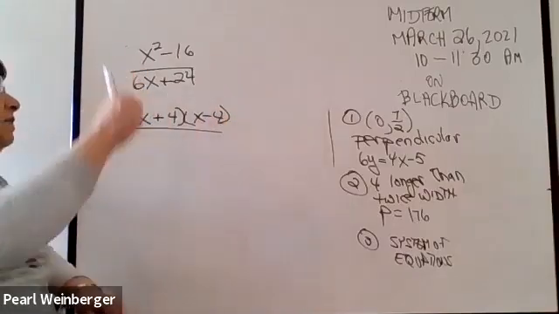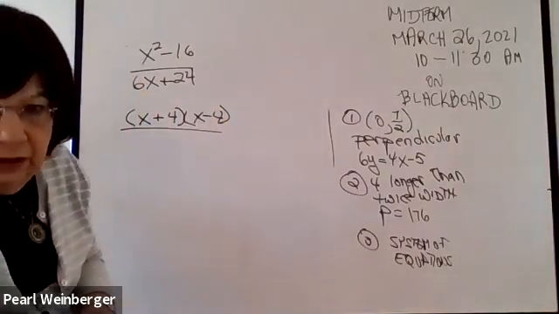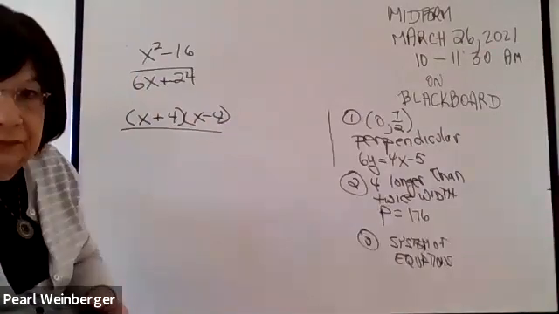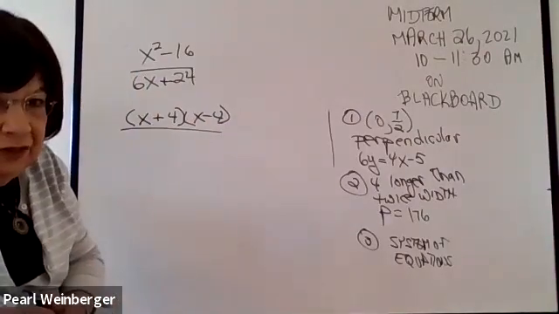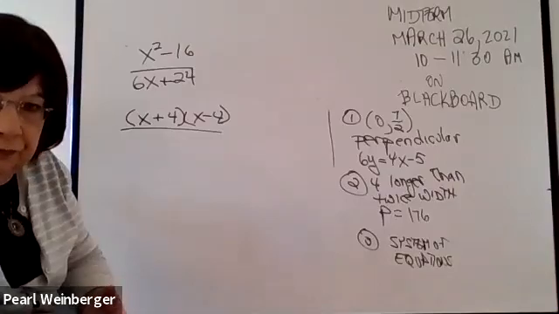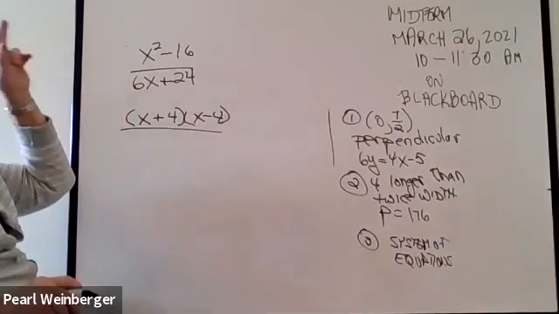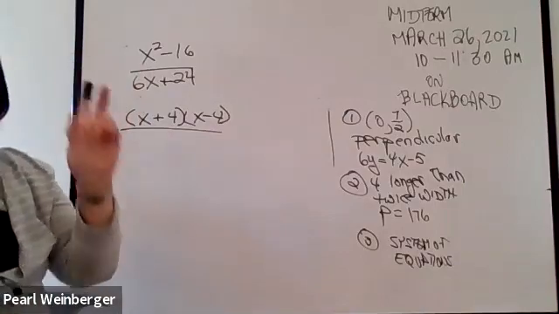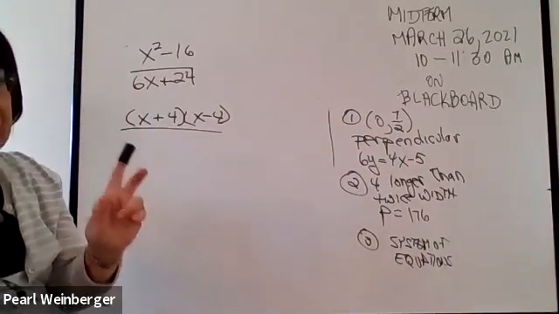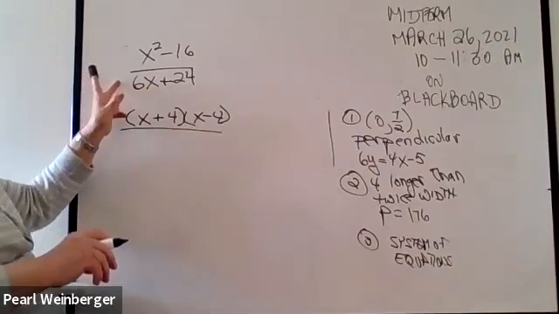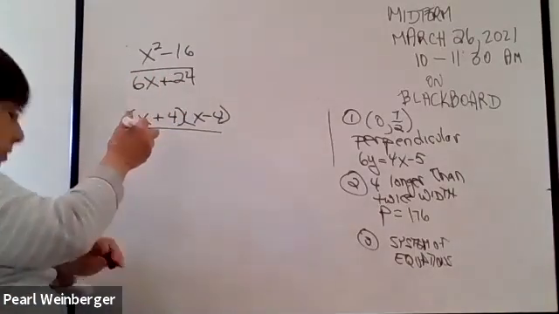What about the 6x plus 24? Is there any way to factor that? I factored it by dividing both sides by 6 and I had 6 parentheses x plus 4. Right. Don't forget to always look for a common factor. Thank you, Jonathan. The 6 is a common factor. The 6 goes into 6 and 6 goes into 24.